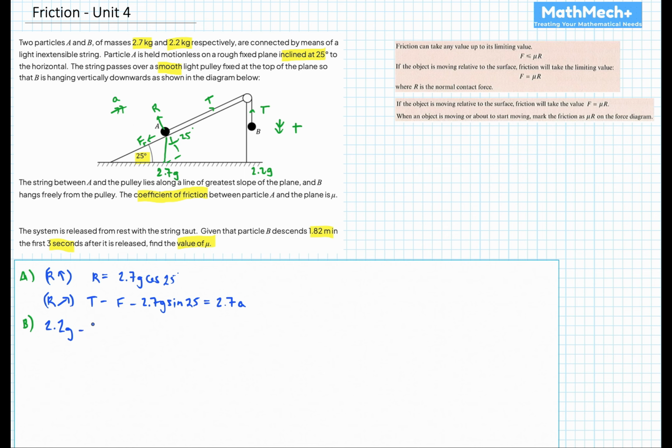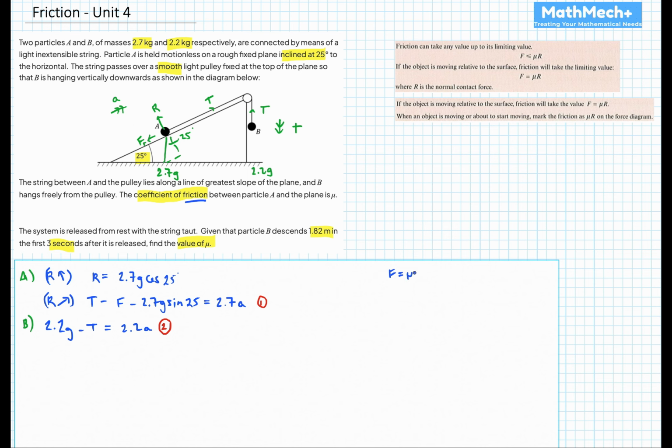B, less expansive. So 2.2 G, which is the weight going down, minus our tension is our force, which is equal to 2.2 A. There are two equations, it would appear. You can simplify those equations, no problem, as you go along.